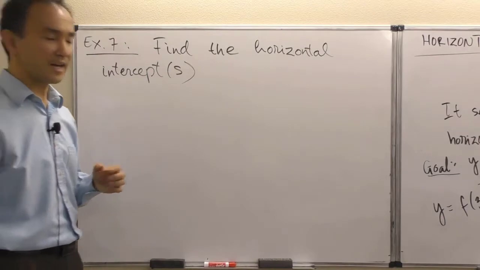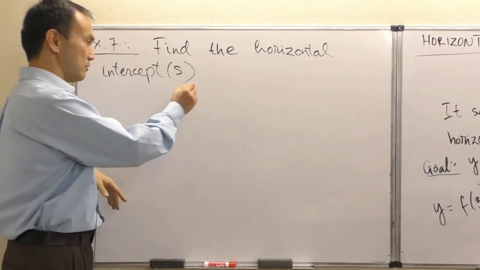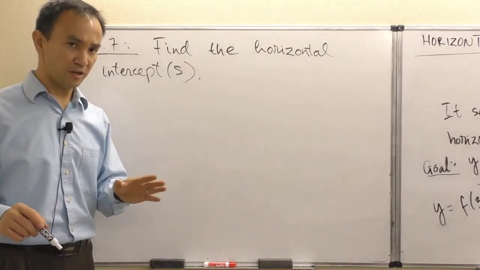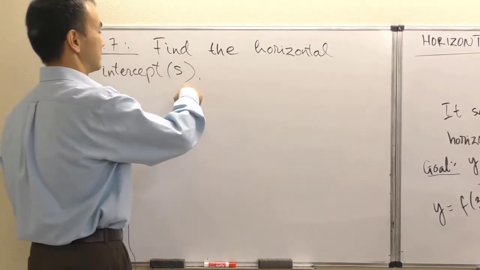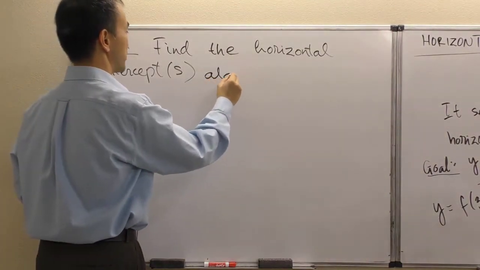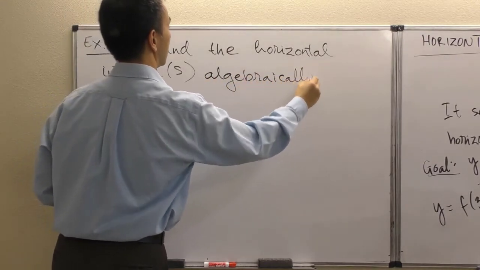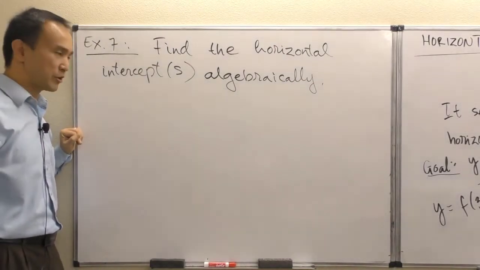The point here is that we don't want to use the graph. We want to use the factoring technique. So, find the horizontal intercept algebraically.